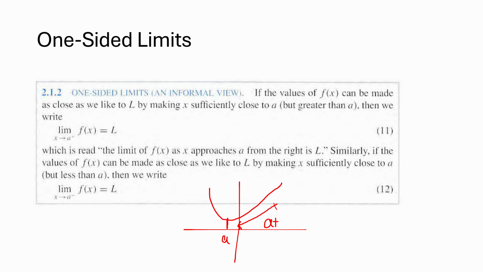And similarly, if the values of f of x can be made as close as we like to L by making x sufficiently close to a but less than a, then we mark these values until right before a as a minus. So basically, this is the domain of a minus, and this is the domain of a plus.